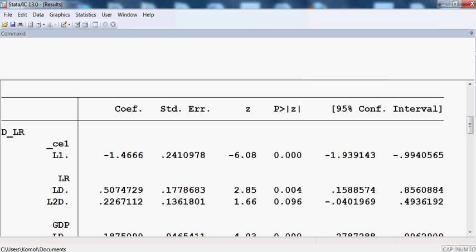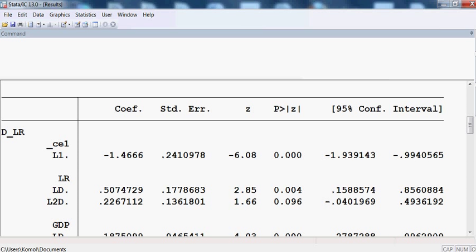Here you can see this is the dependent variable. And what happens? The software that we are using normally automatically converts all the variables into first difference.